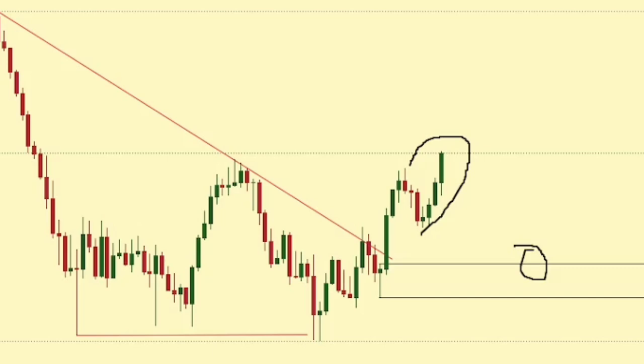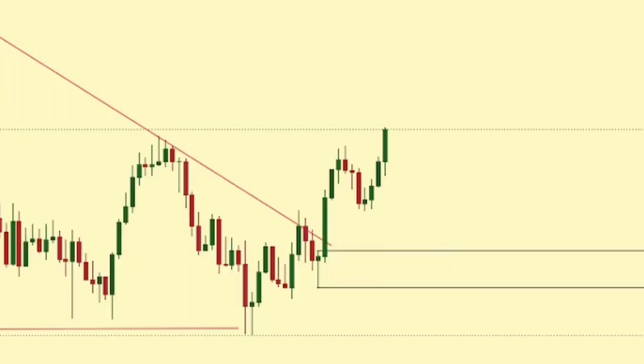For demand, the proximal line go dey the top of the base candle, while for supply, the proximal line go dey bottom of the base candle. Na this proximal line price go return back to touch if this zone go hold.